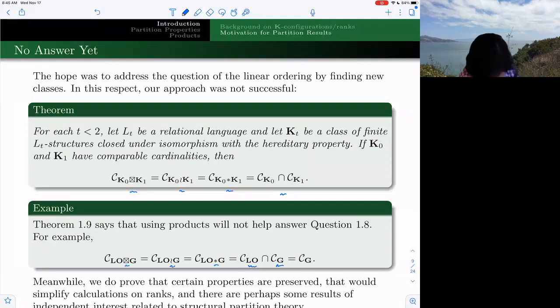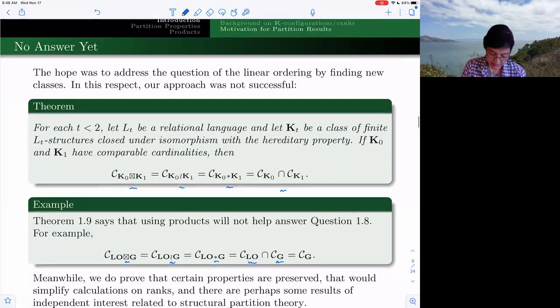And the answer is no. So for that question, it wasn't a real success. But I think independently, we might still be able to simplify some calculations on ranks, and maybe these are results of independent interest.